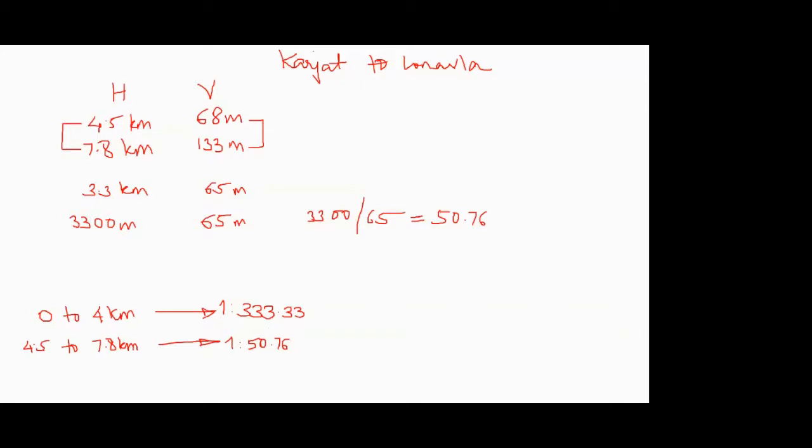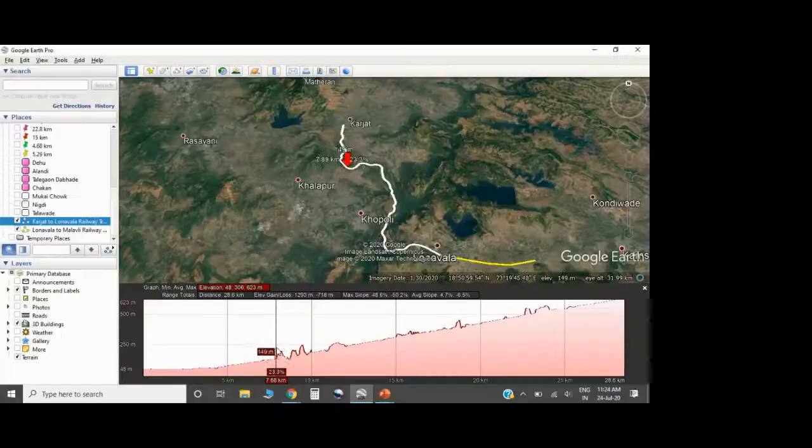But as soon as it crossed 4.5 kilometer, it started an up gradient, and for this stretch of almost 3 kilometer, its gradient went as steep as 1 in 50 or 51. Okay. If you look at some other sections, the gradient might even fall to 1 in 40. So it will be as steep as 1 in 40.